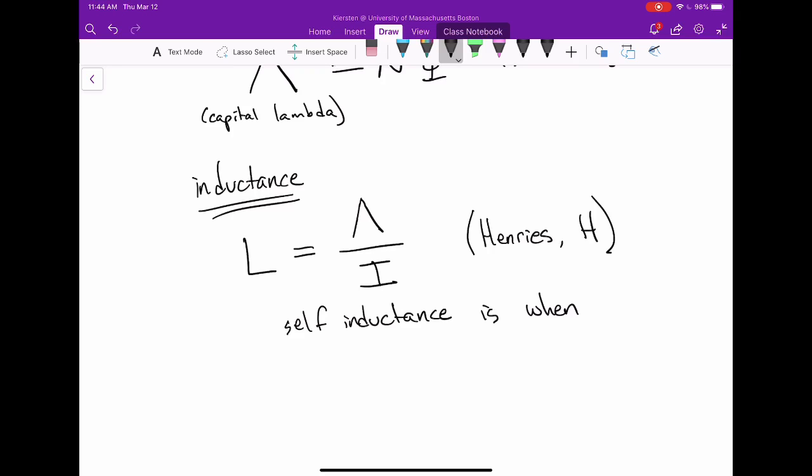So when that flux linkage comes from that same current I.